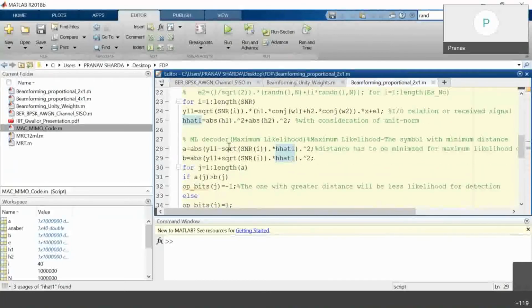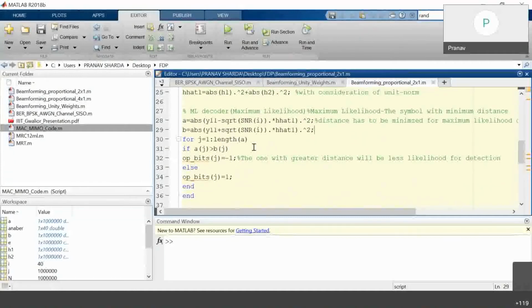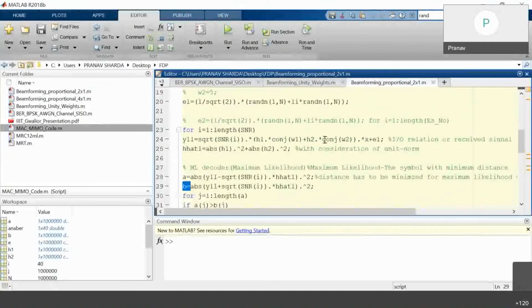And then similarly, we are decoding with the help of ML decoder at the receiver side. So the decoder is exactly the same. Okay, we have the two possible symbols, -1 and 1. Okay, whichever this A and B, they correspond to a certain distance value. So here, X is either 1 or -1.